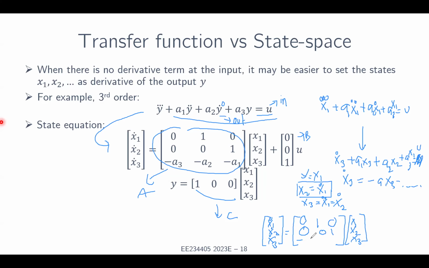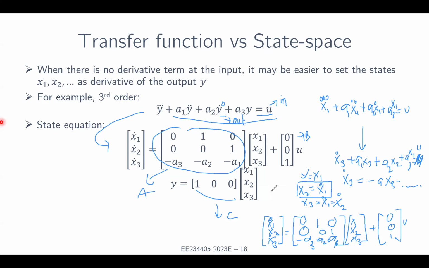So you have minus a3 first, because a3 is multiplied by x1, and then minus a2, and minus a1. Yeah, flip this. Of course, because we have u here, the B matrix would be just 0, 0, 1.